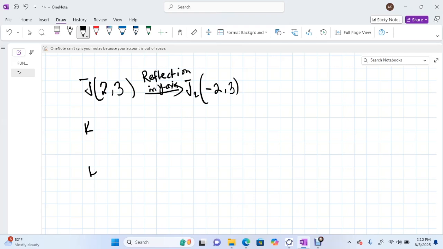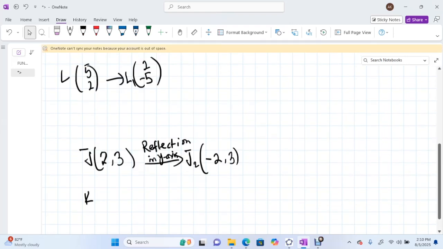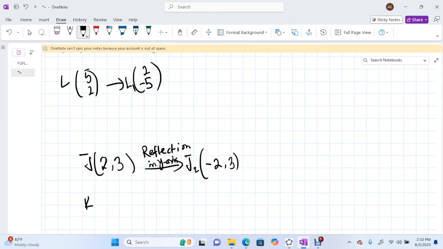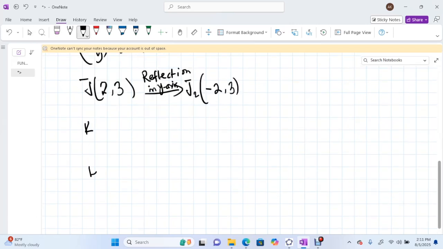First of all, we had to put the formula or the rule, which is (x, y) under a reflection in Y-axis, mapping onto (negative x, y), and then we just write each of them like that. So 2, 3 will be negative 2, 3.